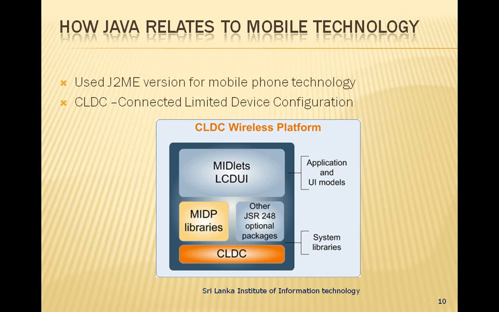The configuration targeting resource-constrained devices like mobile phones is called Connected Limited Device Configuration, that is CLDC. It is specially designed to meet the needs of a Java platform to run on devices with limited memory, processing power and graphical capabilities. A widely adopted example is to combine the CLDC with the Mobile Information Device Profile to provide a complete Java application environment.